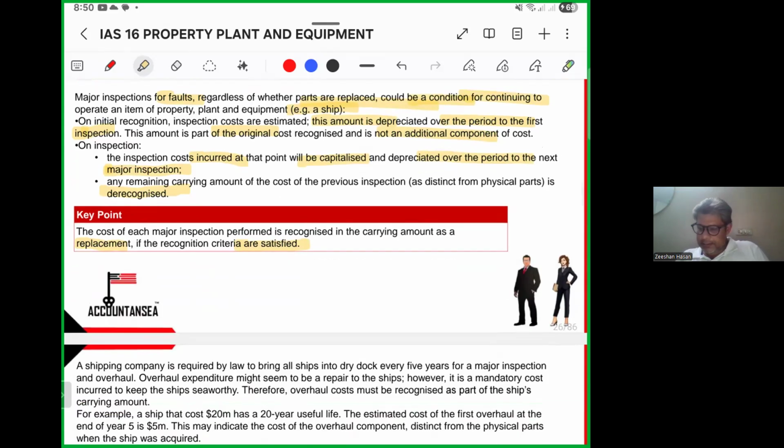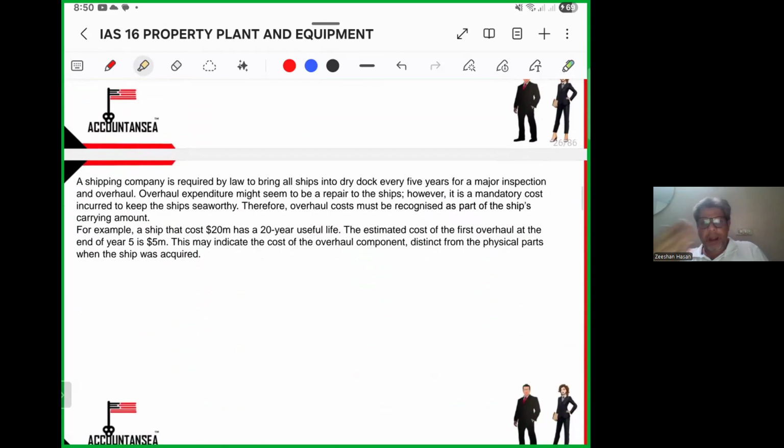So a shipping company is required by law to bring all ships into the dry dock every 5 years, for example, for a major inspection and overhaul. The expenditure might seem to be a repair to the ships. However, it is a mandatory cost incurred to keep the ships seaworthy, right?